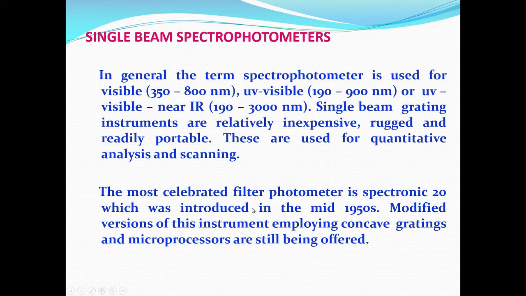The most celebrated filter photometer is the Spectronic 20, which is available even now, and modified versions of the same thing are available in at least about 50 to 75 models. Its origin is somewhere around the mid 50s, and modified versions of these instruments employing concave gratings etc. are still being offered.